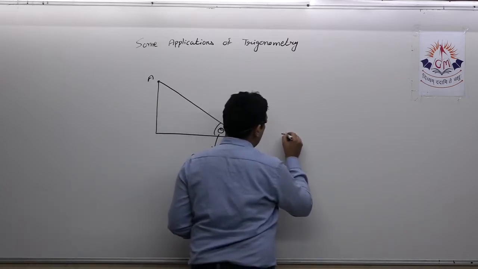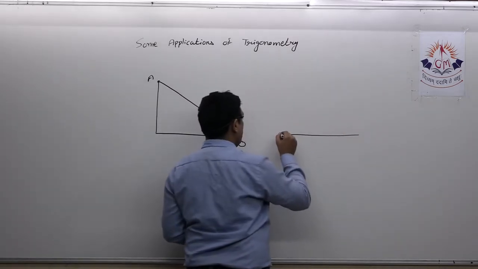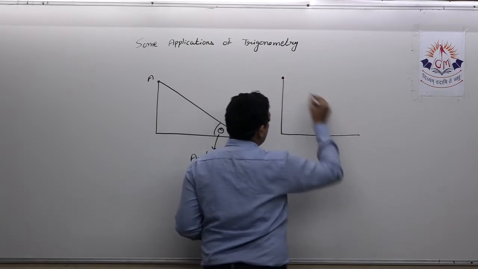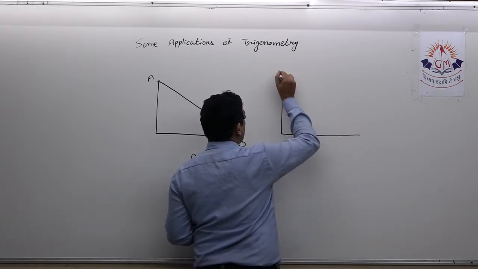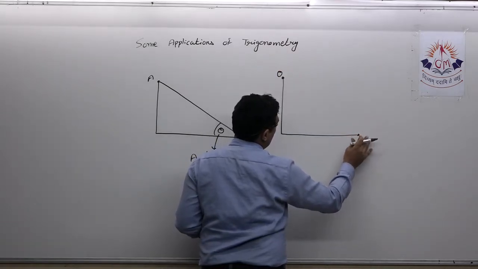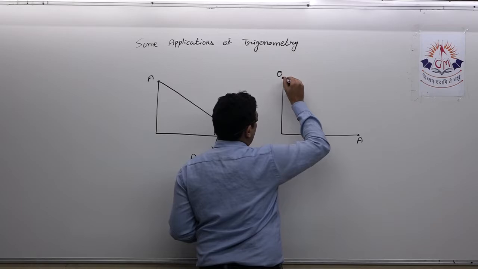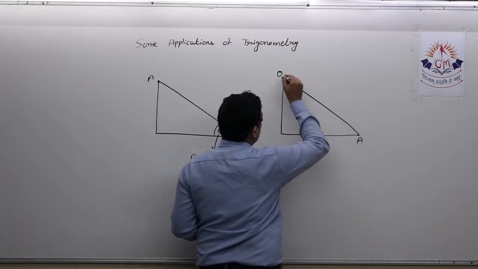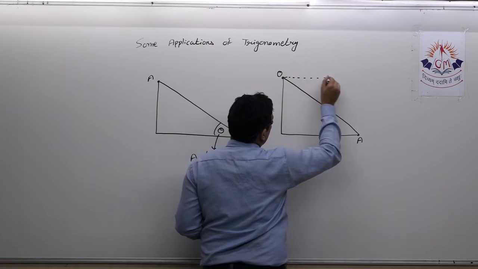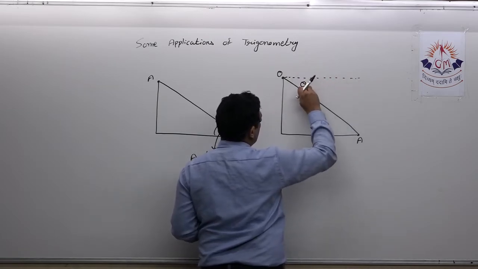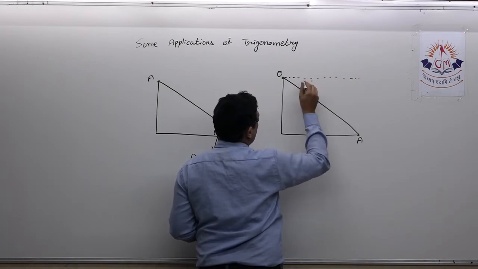Now suppose there is another condition, you will find the diagram almost the same. Now I am over here, this is the point of observation and this is the point A. Now if I have to look downwards to see that object, then the angle between the line of sight and the horizontal is called the angle of depression.